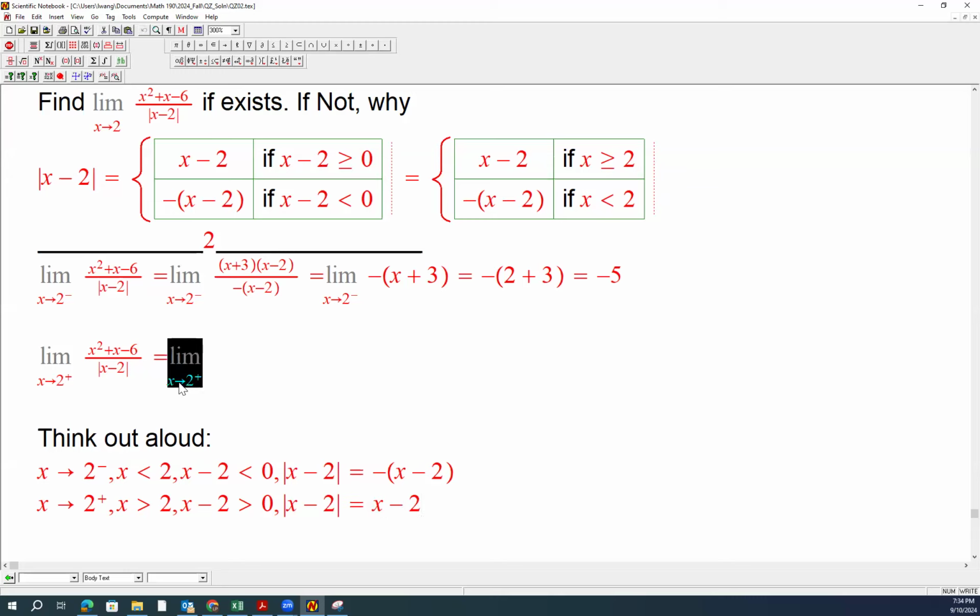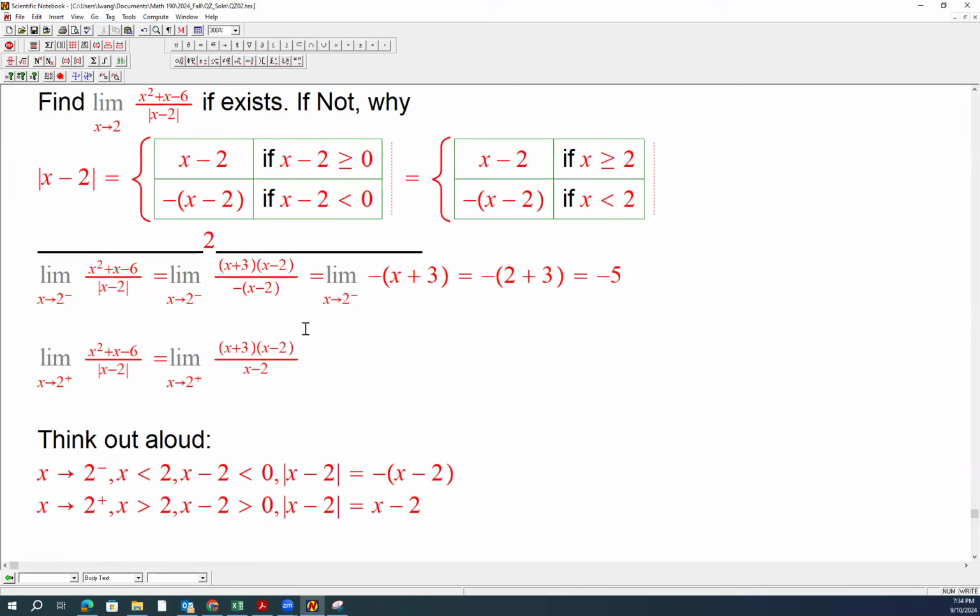So in this case, we get the following. The denominator will be substituted by the same as x minus 2. The absolute value is dropped. We can still use the factors and reduce.